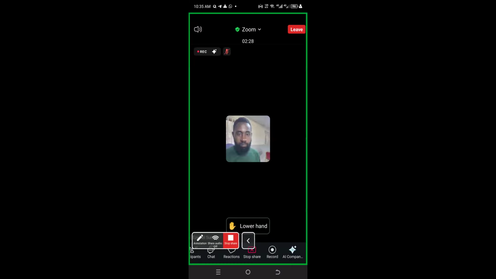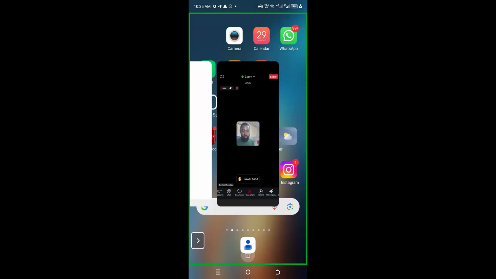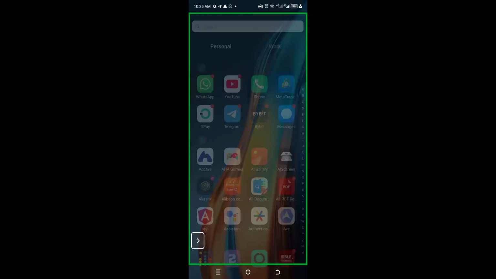Okay, so let's go. The details we have here are the login details, and we have to use that. So I'm going to my MT5. If it's MT4, I would have selected MT4 while I was creating the account.